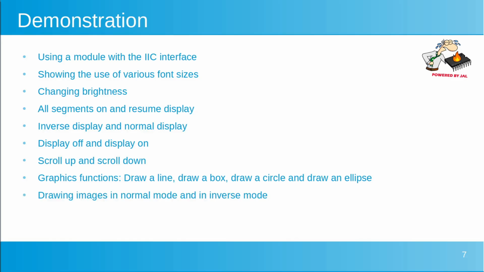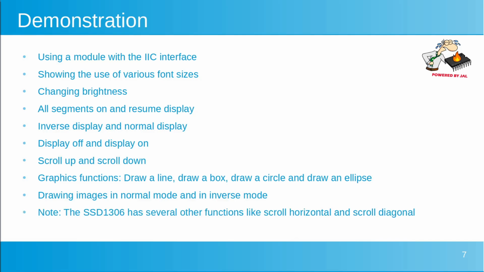But it will also draw some images in normal mode and in inverse mode. And if you go back to this SSD1306 that I mentioned before, that also has other functions like scroll horizontal and scroll diagonal, which is not available in this display controller.